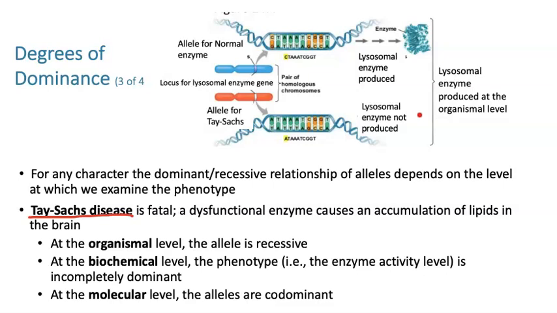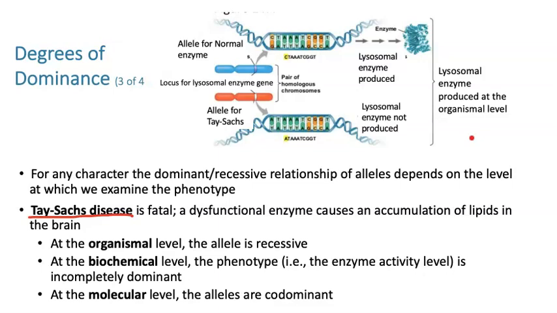So if you look again at the whole person, if they have Tay-Sachs disease, then they're recessive. And the allele for Tay-Sachs is recessive because it's not making the enzyme. As long as you make the enzyme, you're showing the dominance. So at the whole organismal level, we say the allele is recessive.